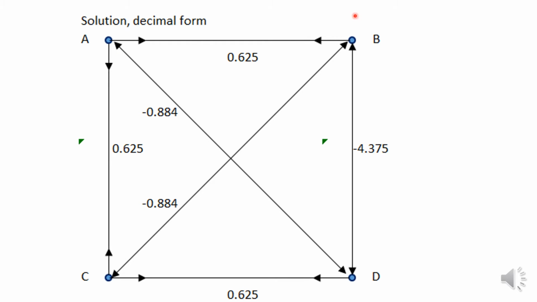So what happens is that this 5 kilonewton is distributed to other members, to other parts of the truss also. So it is a slight reduction in the compressive force in the member BD.